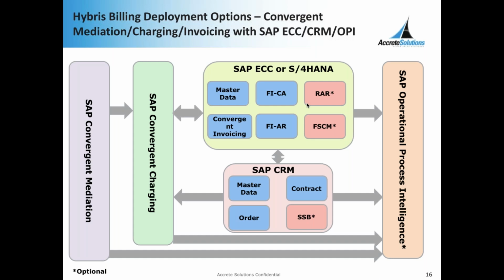Convergent charging gets the contract data and master data, and data from convergent charging, as I said earlier, gets fed to SAP ECC. And again, the same thing, OPI is going to be used for reporting perspective as well.